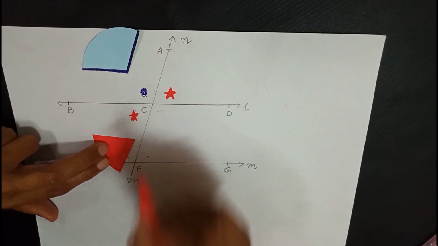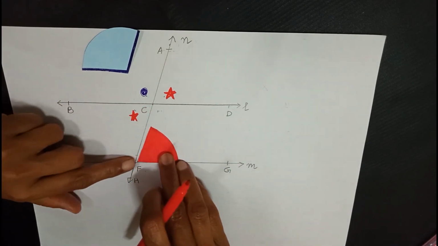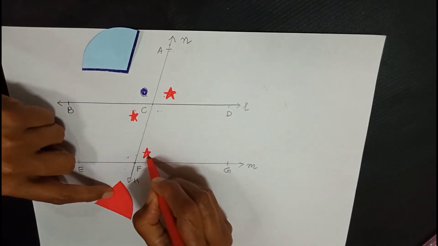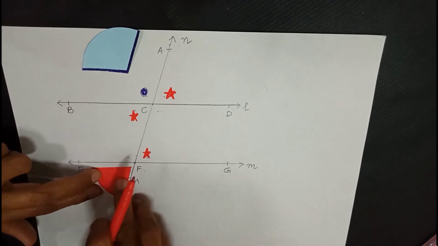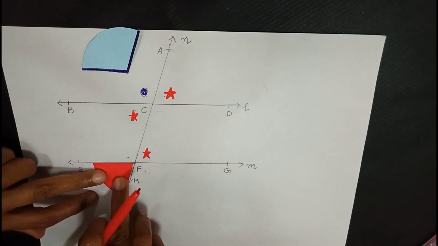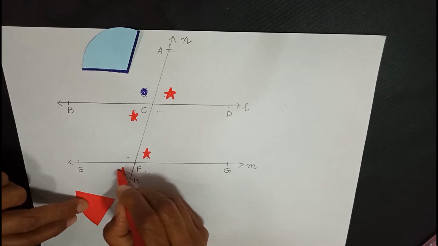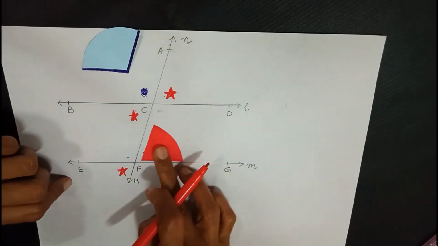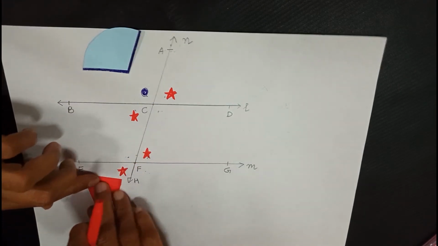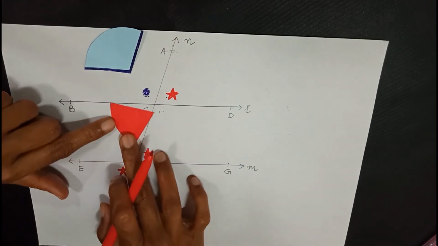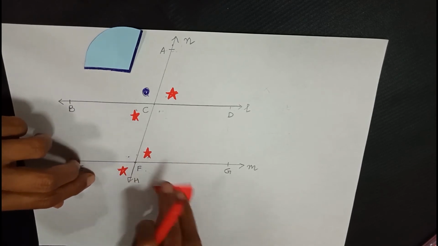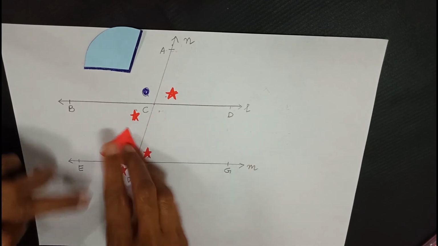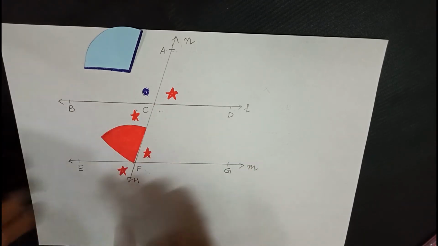So I got this angle equal. Similarly, here also it is equal to the red part, the measure of the angle. And here also you can see the red part is equal. So these are the four angles which will have the same measure. When I use a protractor and measure them, I will find that their measures are equal. But if I try to keep it here, they are not equal in measure. You can see this is small, this one is also small, and it doesn't even fit here.